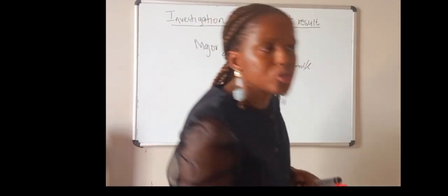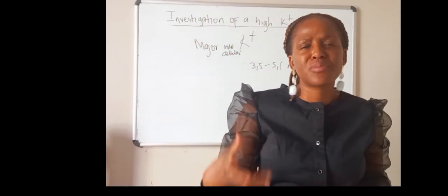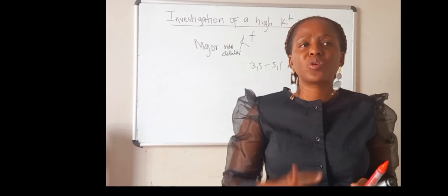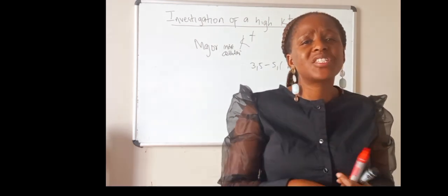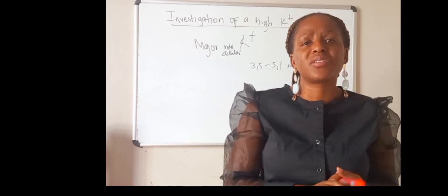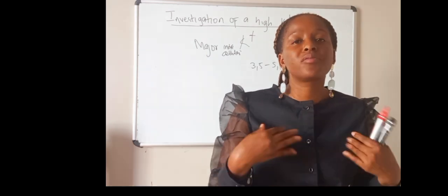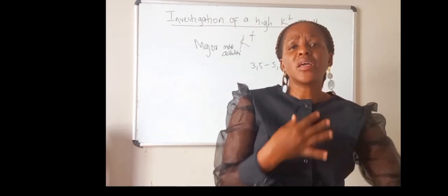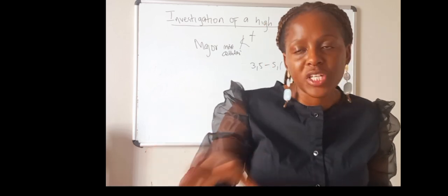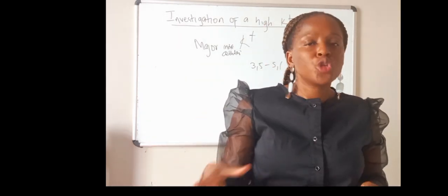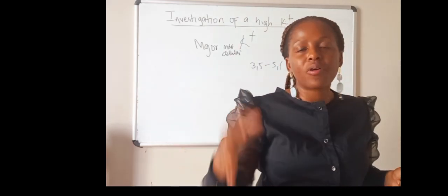Then another thing to look at is whether your specimen is a fresh specimen or an old specimen. In this case, you will check your collection time, collection date, receiving time, and receiving date to check that the period is not greater than 12 hours. Because if it is greater than 12 hours, remember, this blood has been taken out of the patient, so if it stays longer, glycolysis takes place.